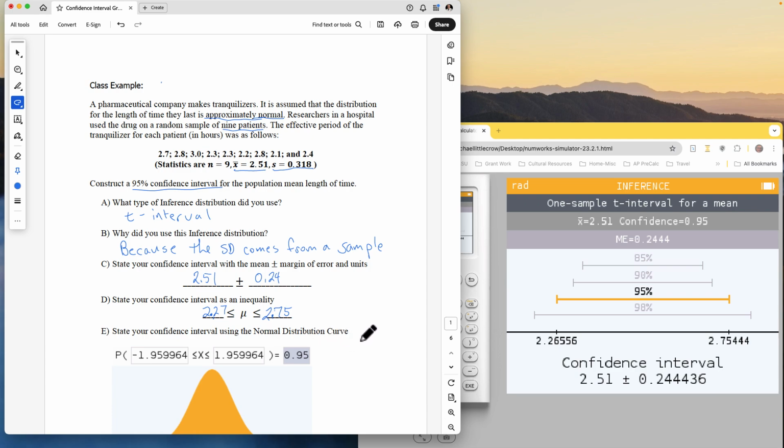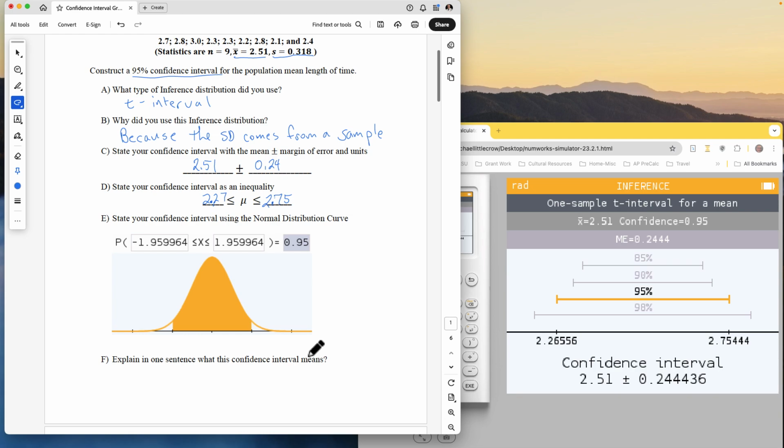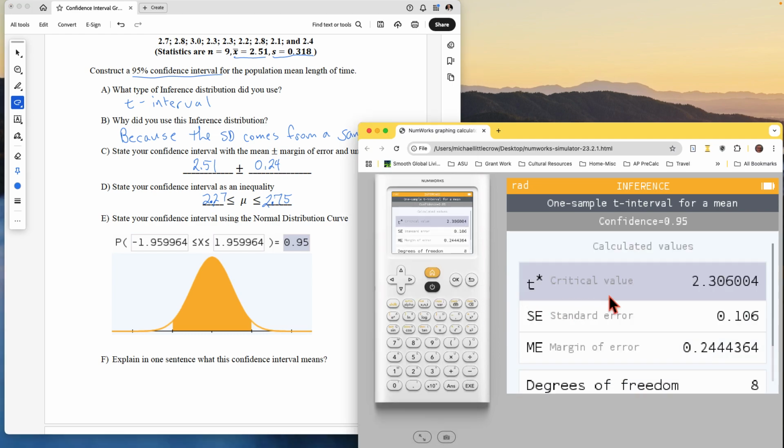State your confidence interval using the normal distribution curve. So here it is, and what that is telling us as far as a normal distribution. Here's our t critical value here at 95%. Because it's using a T table instead of a Z table, it's a little bit off there.